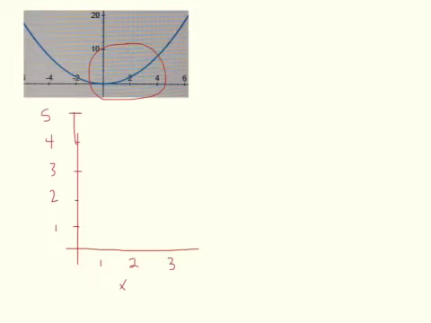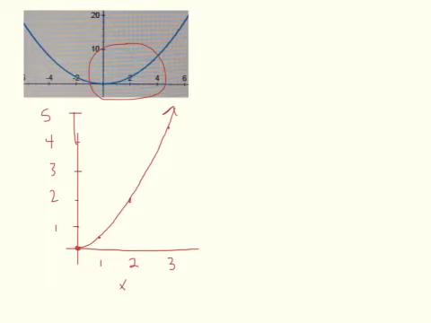Okay, and of course when x equals 0, y equals 0, and when x equals 1, y is going to be 1/2. When x equals 2, y is going to equal 2. When x equals 3, y is going to equal 4.5. And so our curve is going to look something like that.